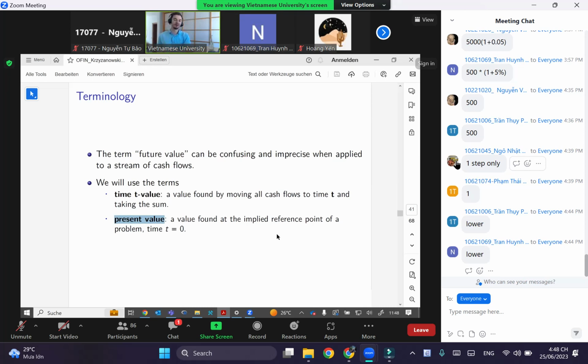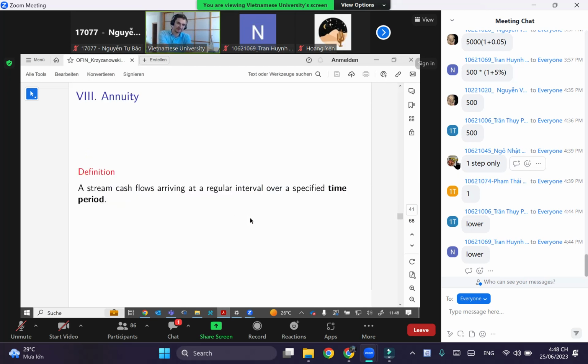These are terminologies that you should be familiar with, and they depict certain forms of cash flow developments, with specifics I'm going to show you and the formulas to calculate them. The first one of those is the so-called annuity.